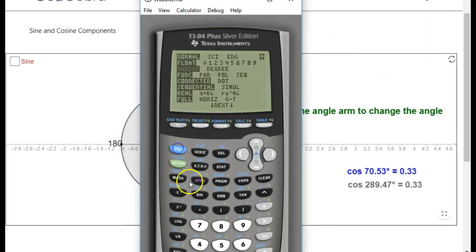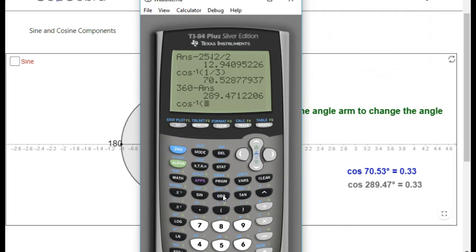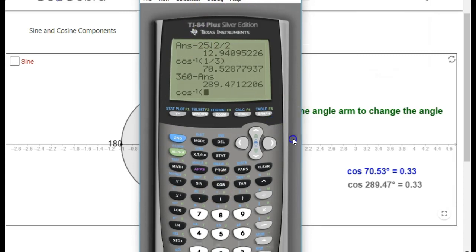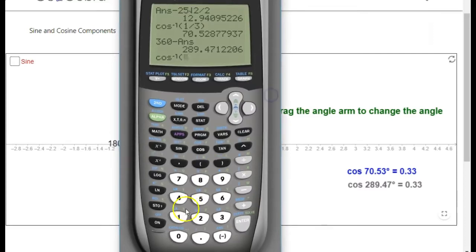Okay, second cosine 1/3. Enter, and that's the angle in radians. 1.23 radians is the same as 70 degrees.